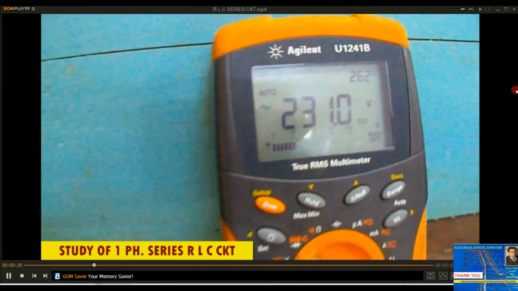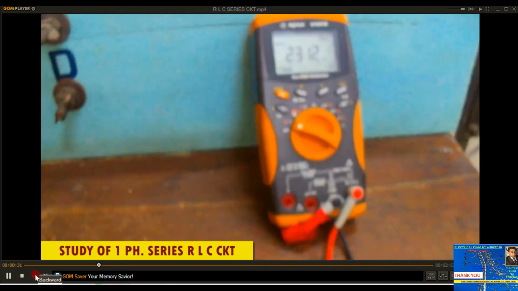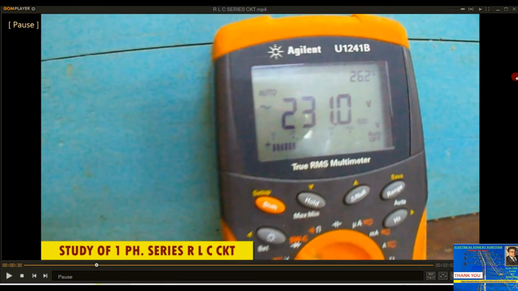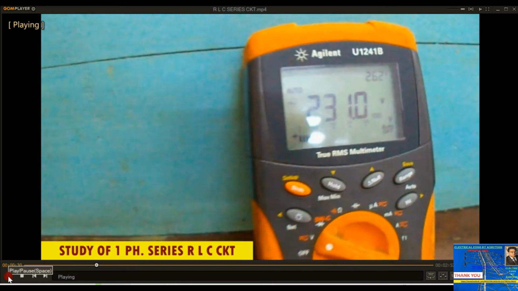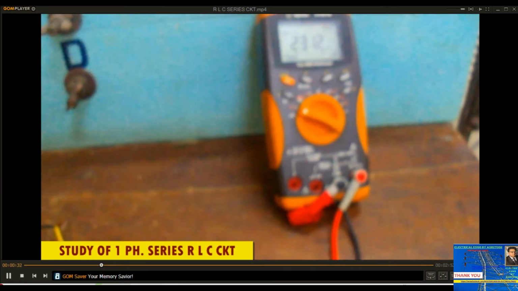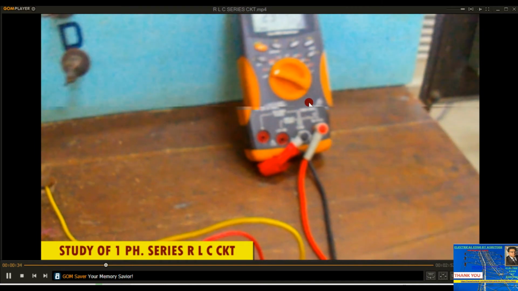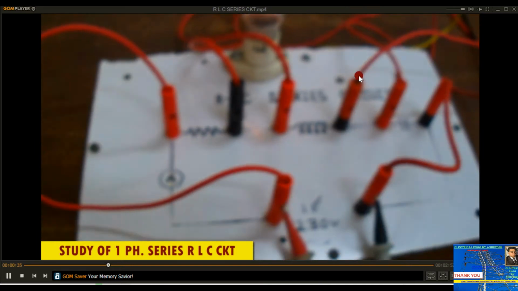See the circuit supply voltage, how much? What is the supply voltage? Approximately equal to 230 volt, 231. So this is your V, supply voltage. And then see voltage across resistor.